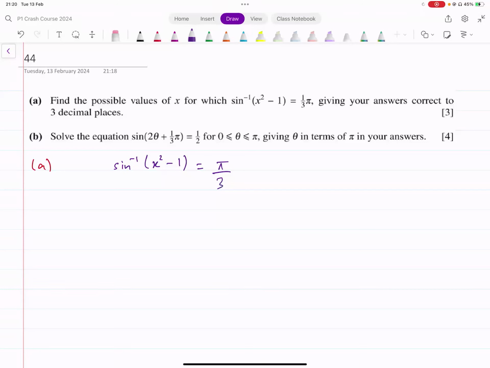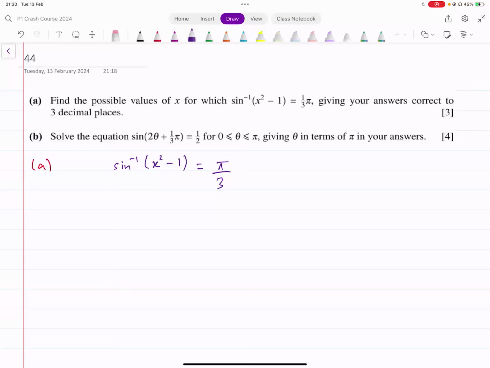Sine inverse of x squared minus 1 equals pi over 3. How do we solve this? We take sine to the other side, then we move minus 1 and then square root. Yeah, so that's good. We take sine to the other side. It's sine inverse right now.